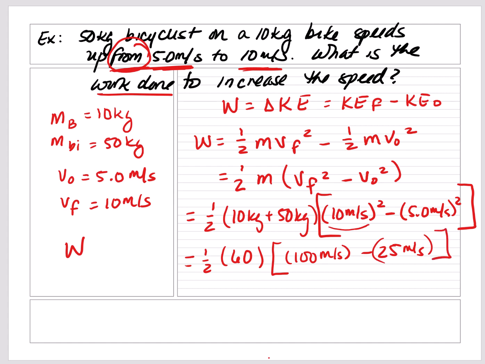So 100 minus 25 is 75. So this equation becomes 1/2 times 60 times 75, which is 2,250 joules. So identify your variables and then an equation will come out.